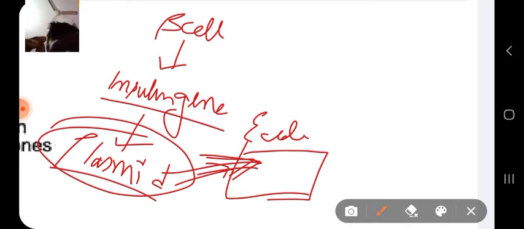So, what is the full definition of recombinant DNA technology? Recombinant DNA technology is the process by which a DNA molecule can be isolated from a specific cell and then inserted into another DNA molecule at a desirable position to obtain our recombinant DNA, that is, the modified DNA.